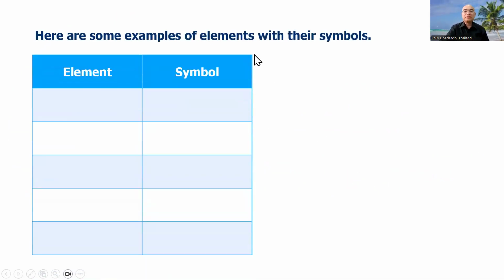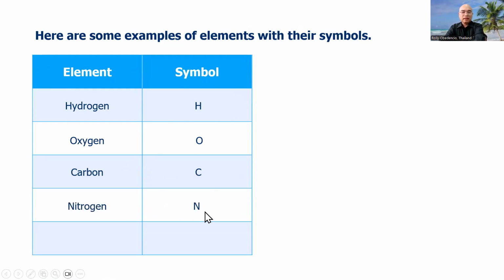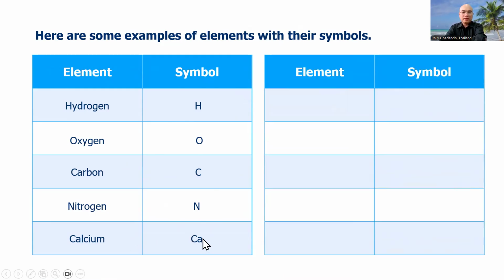Now, here are some examples of elements with their symbols. We have hydrogen, which is H, oxygen, which is O, carbon, C, nitrogen, N, calcium, Ca, and sodium, which is Na, capital N, small letter a.